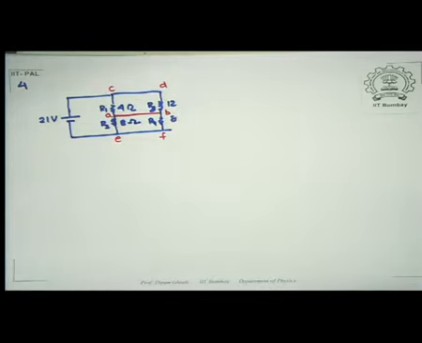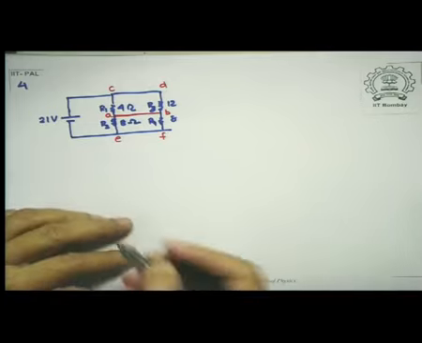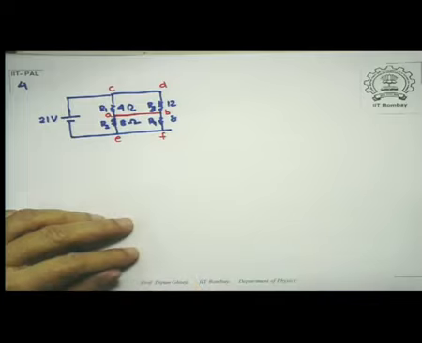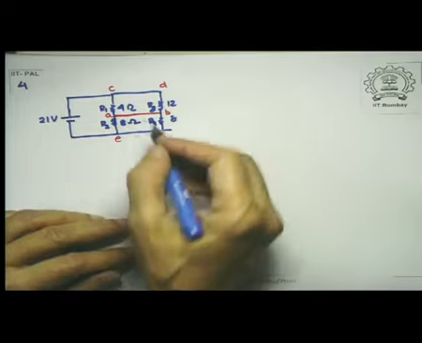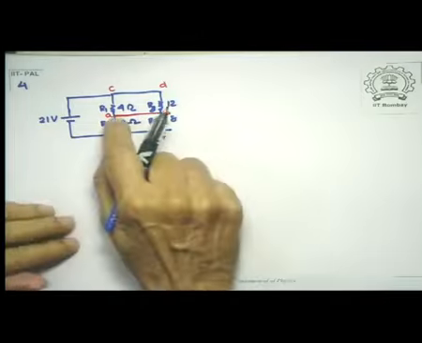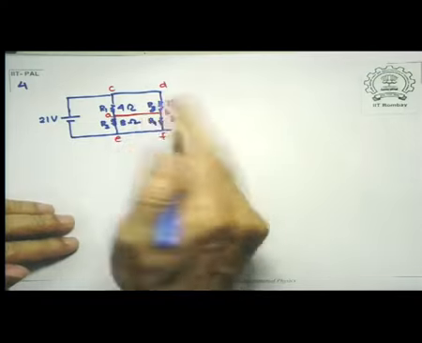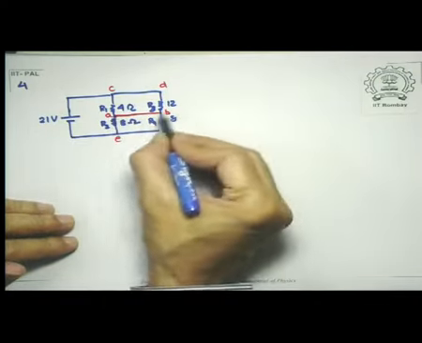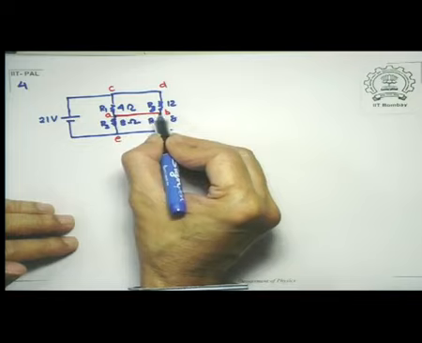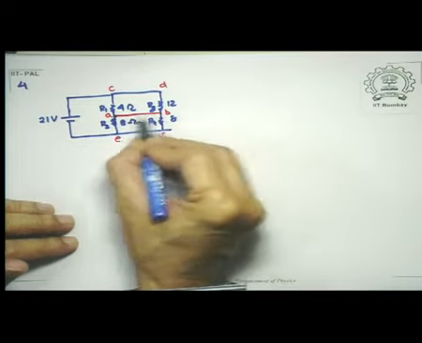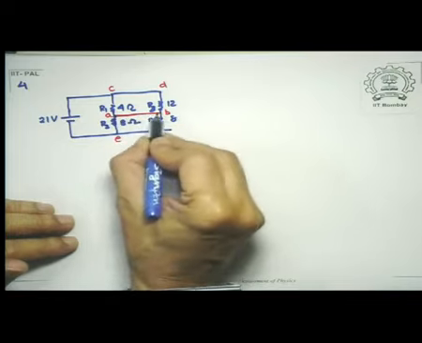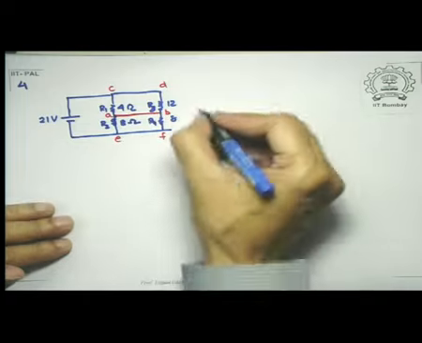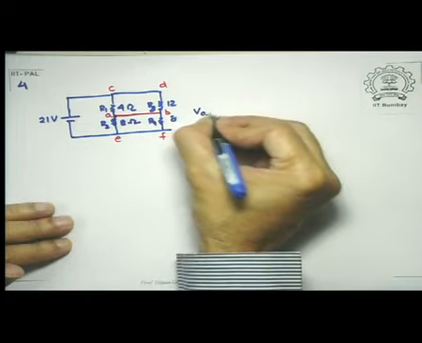Now let us look at what type of a combination is this. First thing you realize is this, that when you close the switch, point A and point B, because this is a short. This is a short because there is no resistance across this. So therefore, VA must be equal to VB.